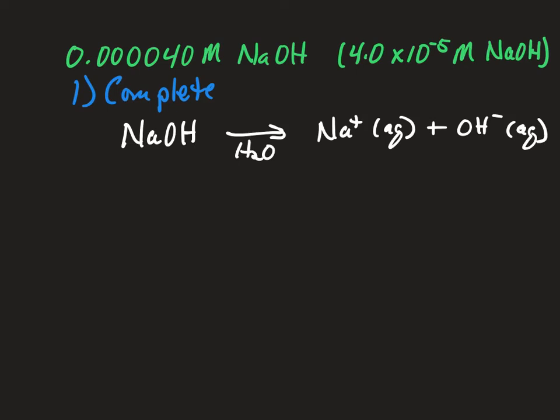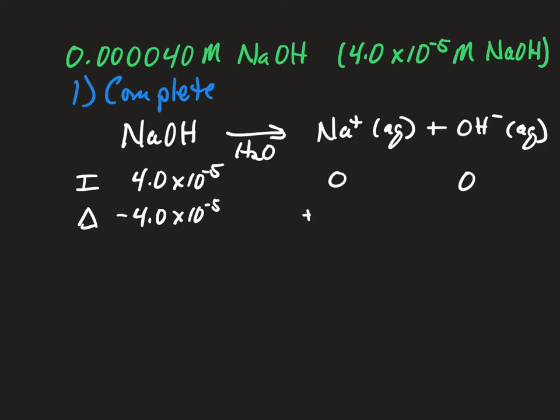And so if we look at the initial condition, we have solid sodium hydroxide, but we know that we have 4.0 times 10 to the minus 5 moles of that per liter. We got none of that and none of that. Our change, since it is a complete process, is going to be that all of it dissociates.